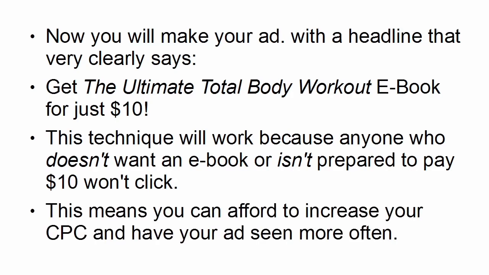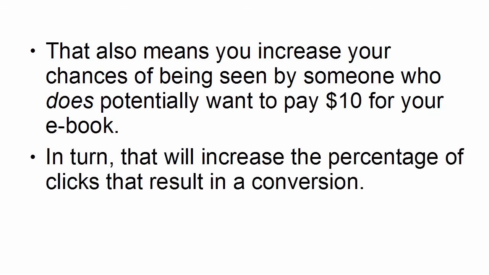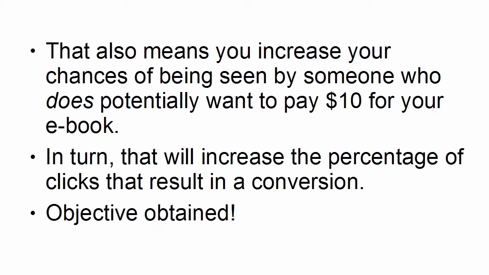So this means you can afford to increase your CPC and have your ads seen more often. And it also means you increase your chances of being seen by someone who does potentially want to pay $10 for your ebook. In turn, that will increase the percentage of clicks that result in a conversion. Objective obtained.